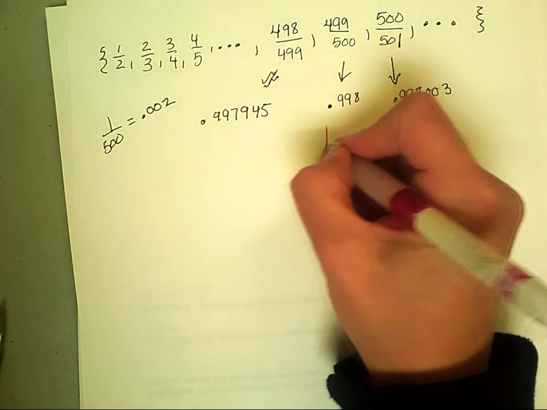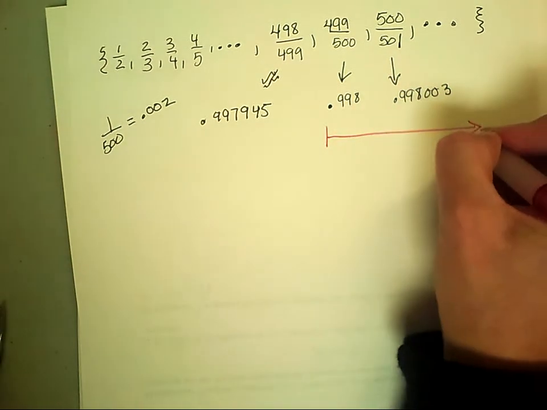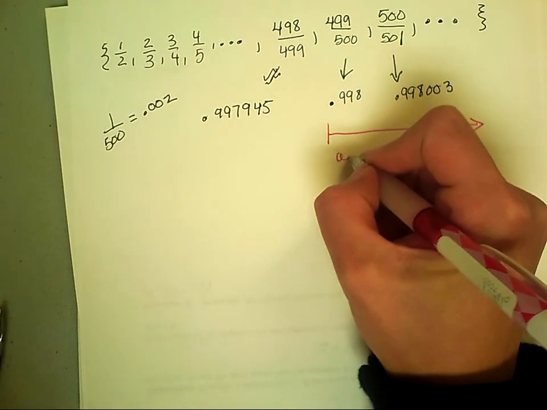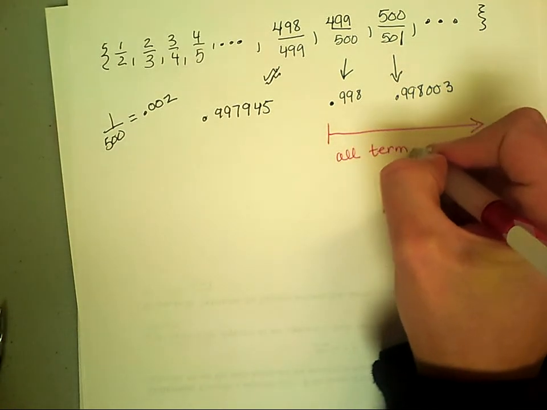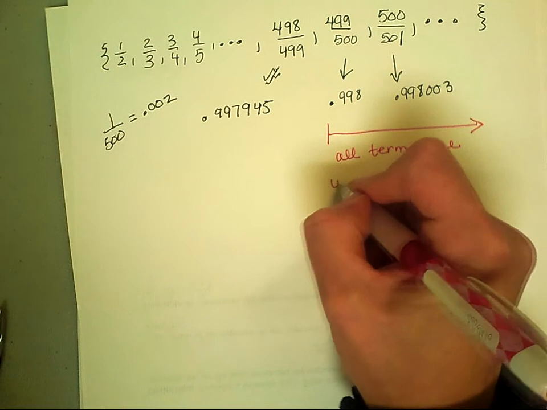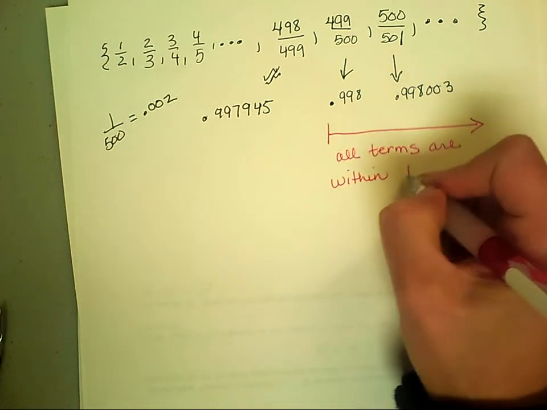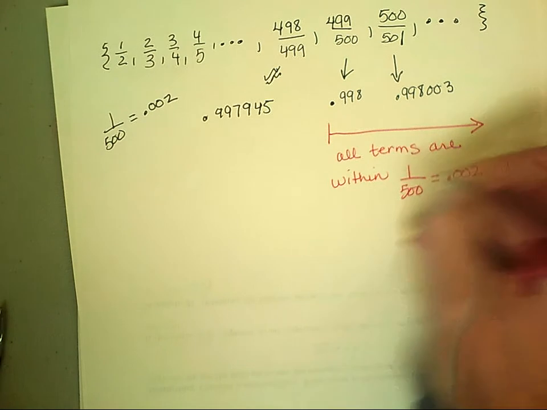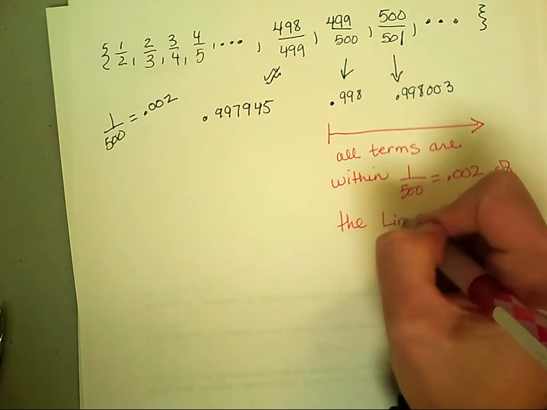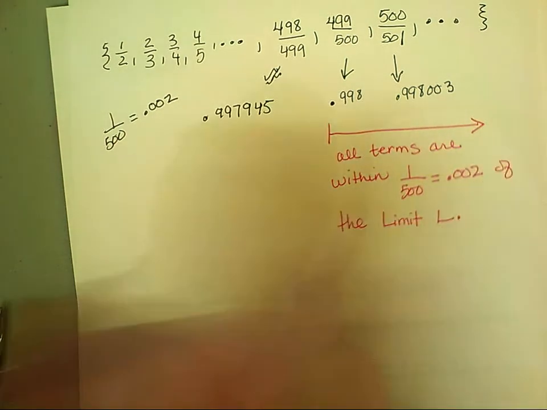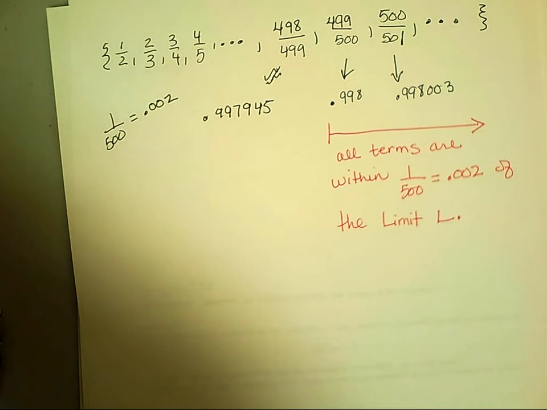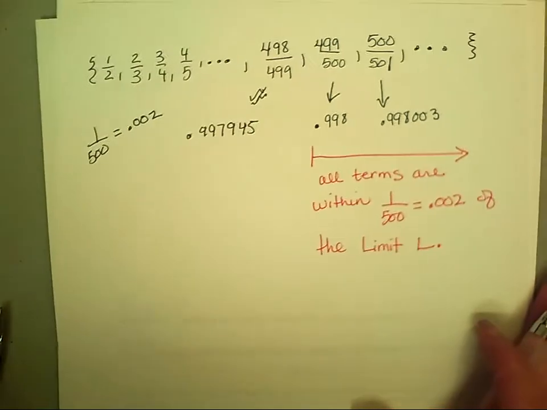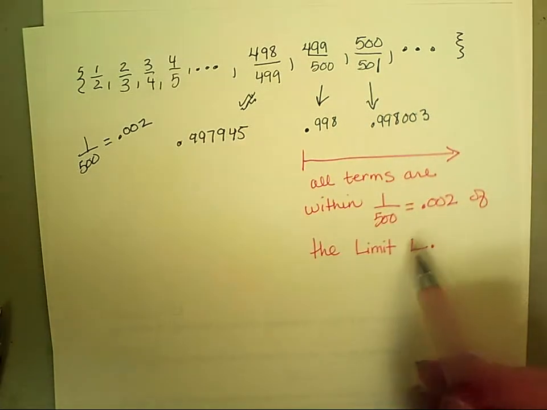So where are the terms in the sequence? Where are we away from it? From here forward, all terms are within 1 over 500, which is equal to 0.002, of the limit L. So there was nothing special about this number that we picked.